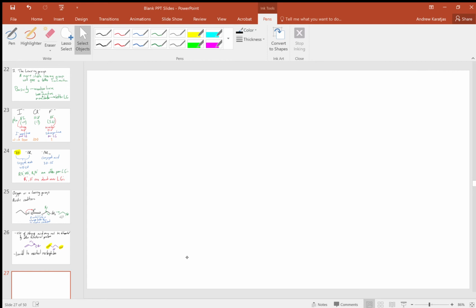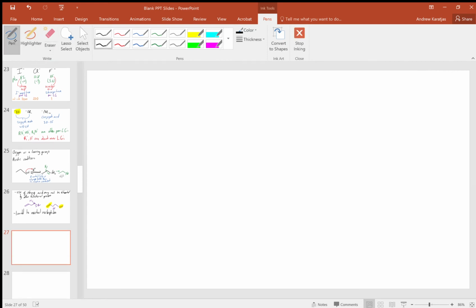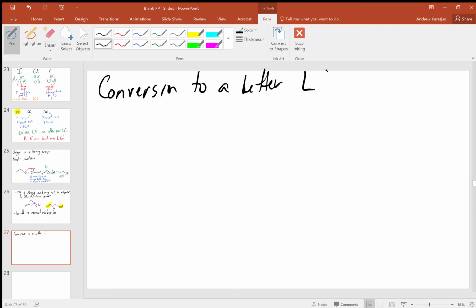So we look at a second method. And this is what we use more often with alcohols especially, which is to convert them to a better leaving group. And many of the common leaving groups will end up looking like this.